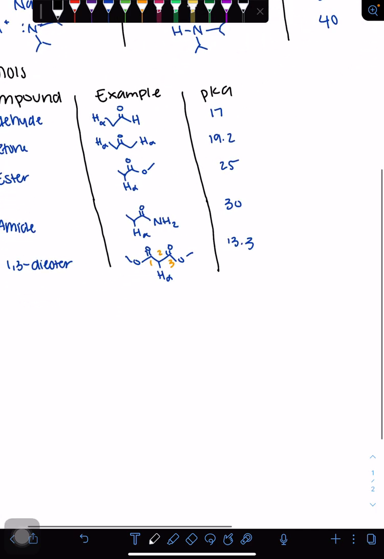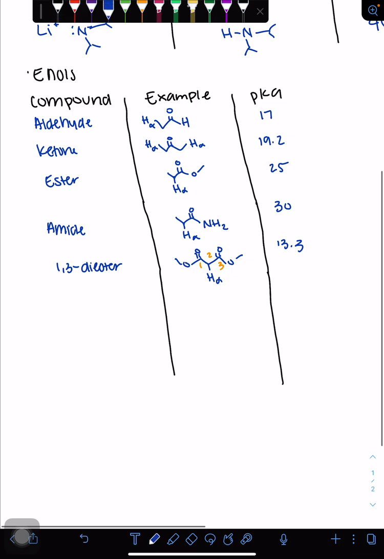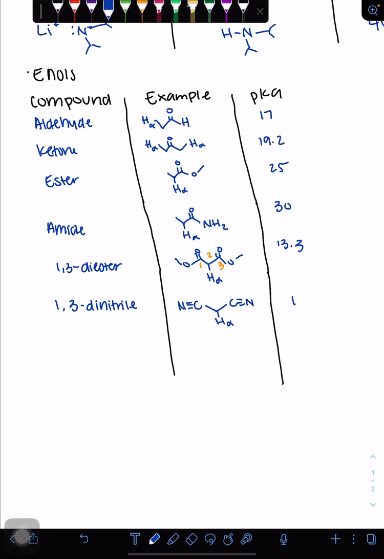Okay, we could keep going. What about a 1,3 dinitrile? We have an N here, triple bond C. And then this hydrogen here is the alpha, which will give us a pKa of 11.